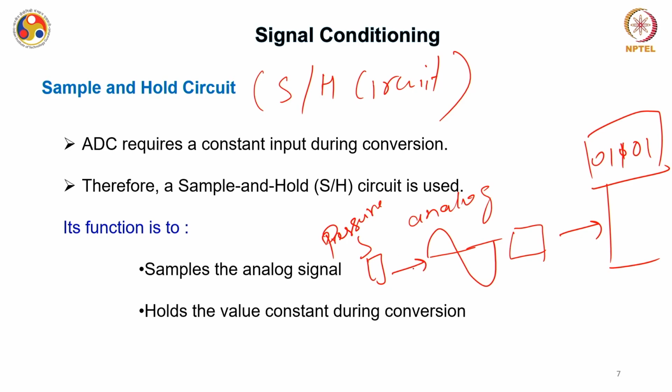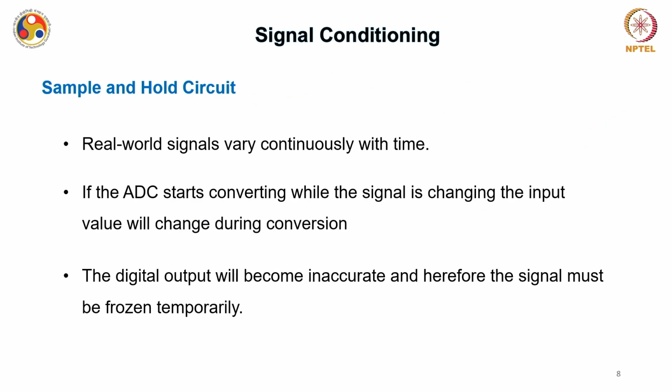It is generating this analog signal and this is my ADC. Now this ADC requires a constant input during the conversion stage. And this is exactly why you need a sample and hold circuit. Its function is to sample the analog signal and to hold the value constant during the conversion. If you do not hold it for a certain amount of time, maybe a fraction of a second or a fraction of a millisecond or in microseconds, there are different problems.